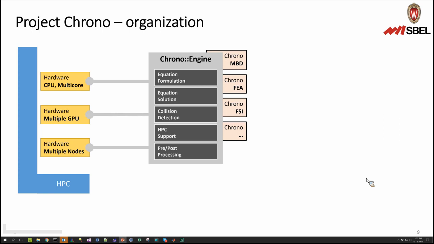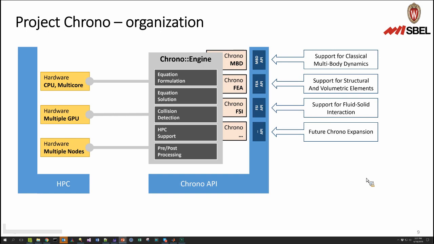I'll briefly mention another module that is under development. It has to do with sensing. There is an interface that the user communicates with the solver through. So rather than requiring very low level access into the guts of Chrono, there is an API that allows you to set up a model, to take one time step, to show assets on the screen, and so on.